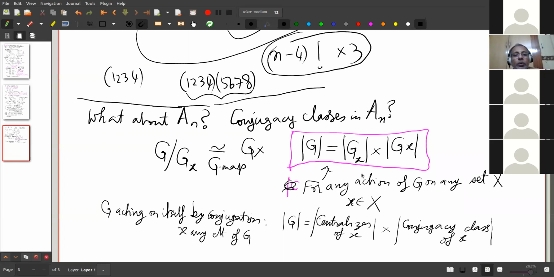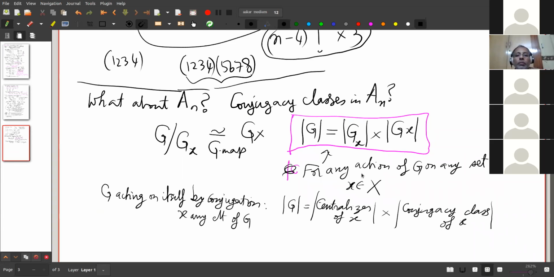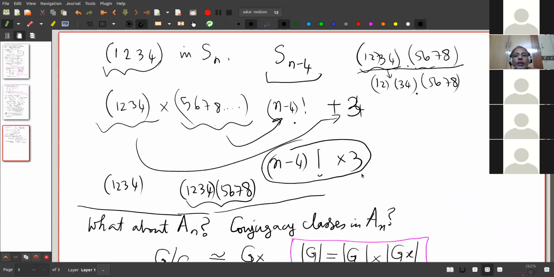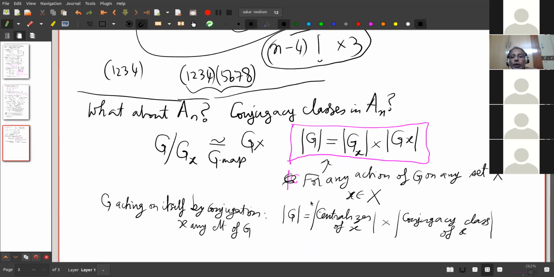Okay. So, for example, the illustration is computing this centralizer. You may be able to do it directly, but it's not going to be easy. So it transfers a difficult problem, the computation of the centralizer, into an easier problem, the number of elements in the conjugacy class of x.